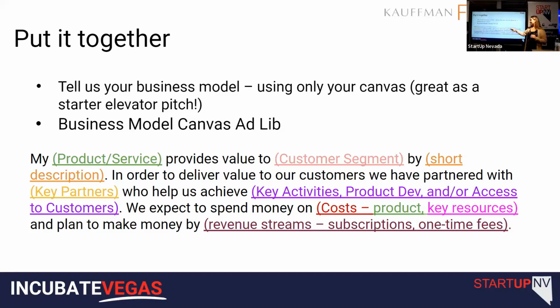In order to deliver value to our customers, we have partnered with key partners who help us achieve key activities, product development, and/or access to customers. So you can choose one. I'm partnering with these guys in order to access my customers. We expect to spend money on costs, which could include key resources, and plan to make money by revenue streams, subscription, one-time fees.